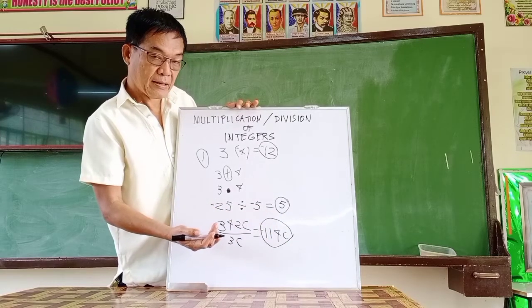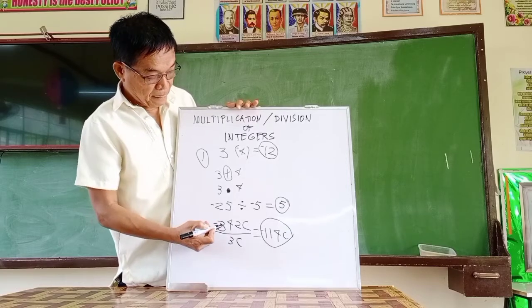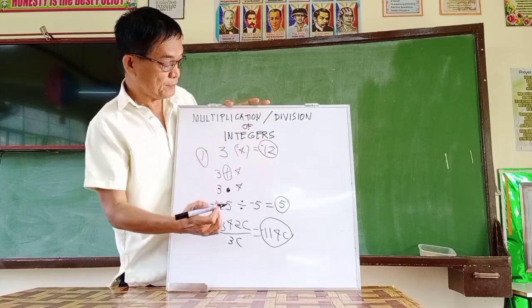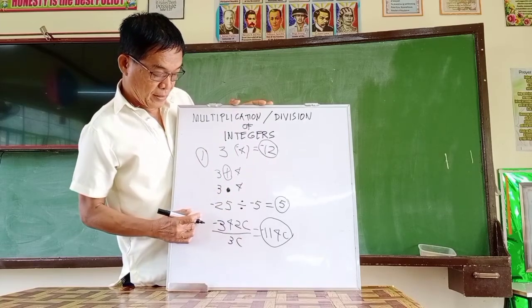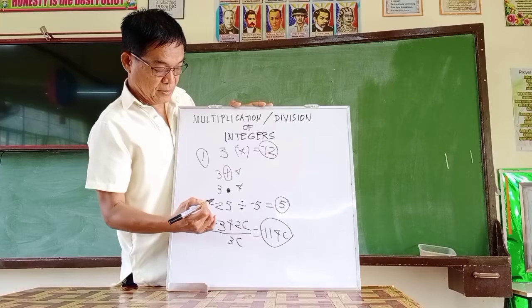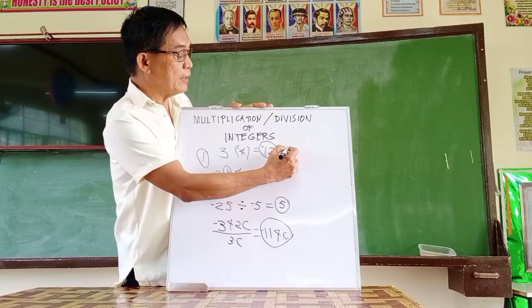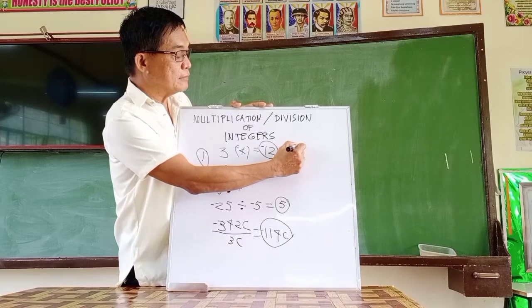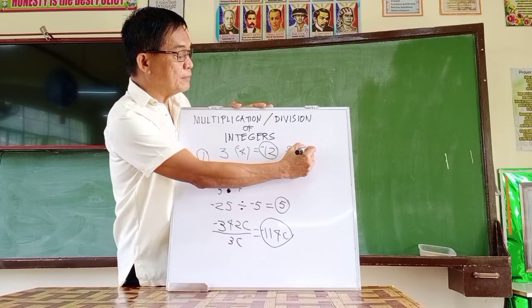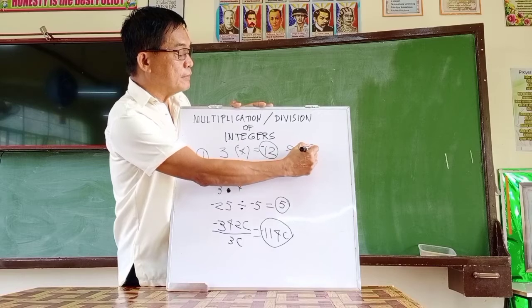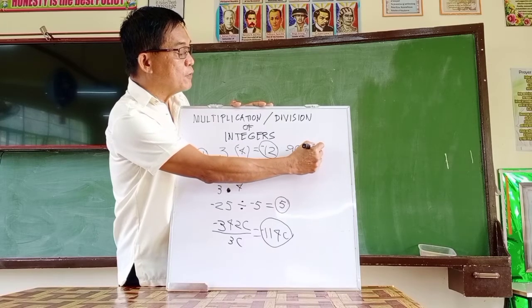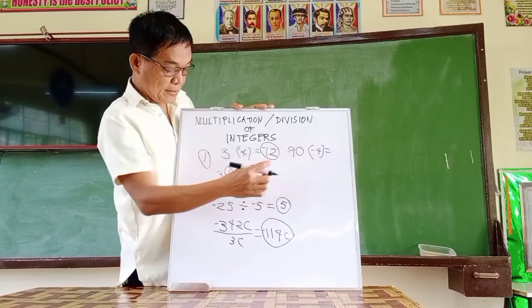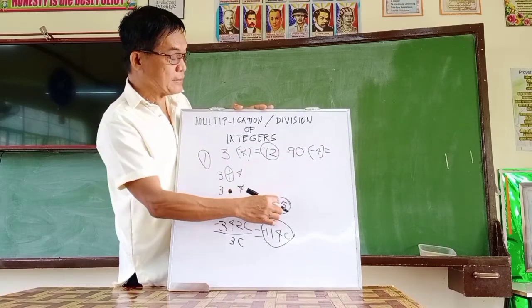Monomial. Okay? So what is the rule, what happens in multiplication? For example, negative 90 times negative 4. Both are negative, so the answer is positive.